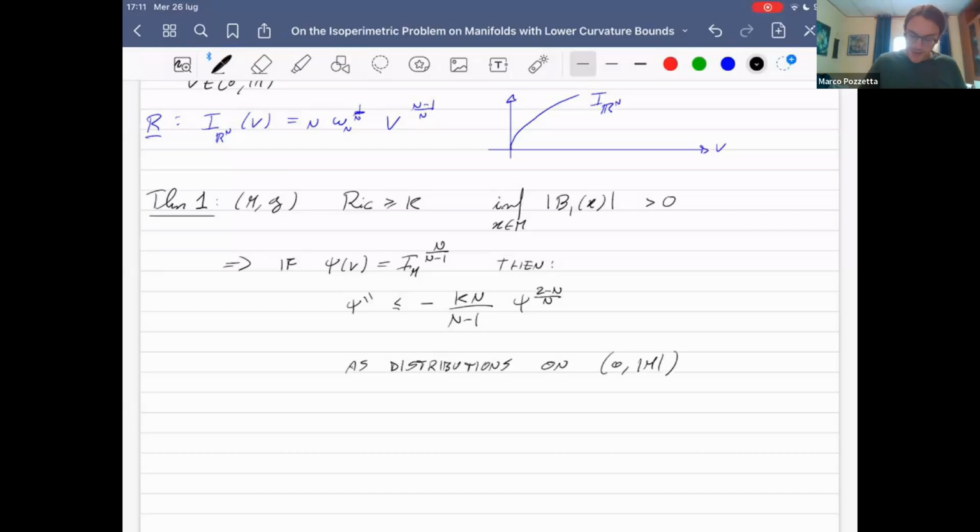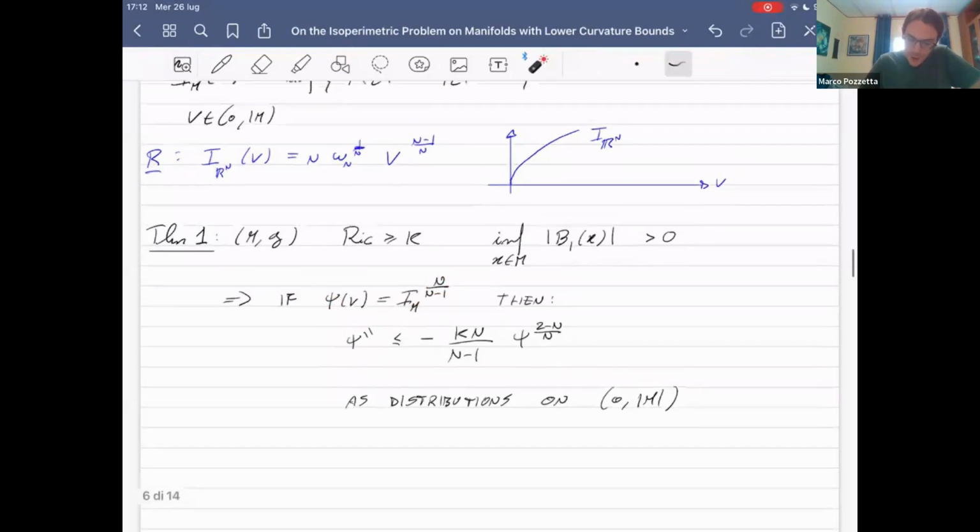Okay, so this is the main statement, and as I said, it is a statement about the concavity property of the isoperimetric profile function, or if you want, of the function psi, that is the profile raised to this power. In particular, for example, when k is equal to 0, so I am in a non-negative Ricci case, the inequality exactly becomes psi second derivative less than or equal to 0, which is exactly saying that psi is concave, exactly as it happens on Rn.